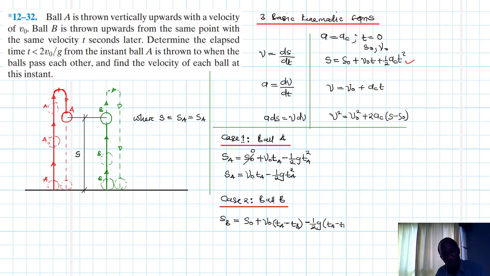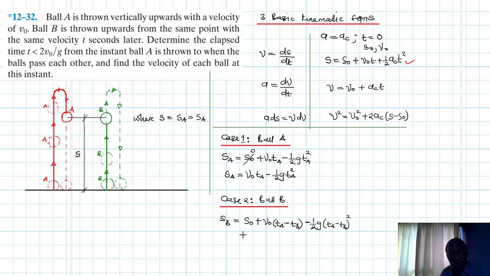Okay, since we want to equate the two displacements, we need to account for the time. We are subtracting TB from TA because TA is much larger than TB, because there was this time difference in between, and we account for that. So this time difference, TA minus TB, is equal to this T, right?